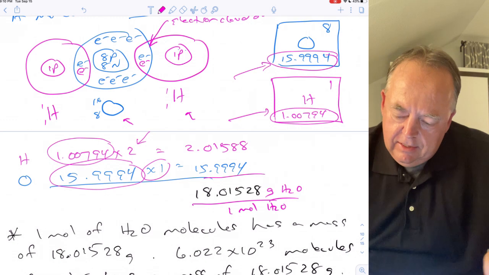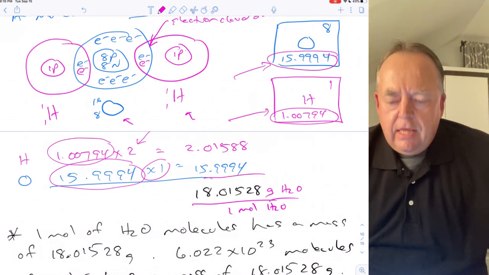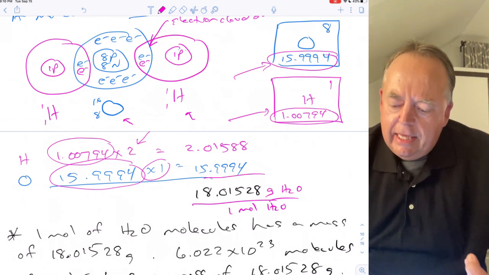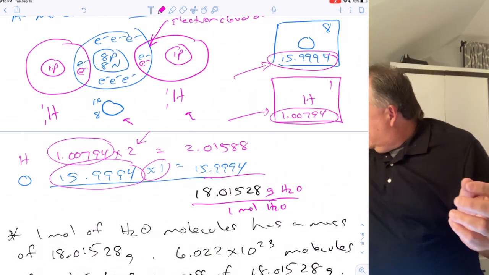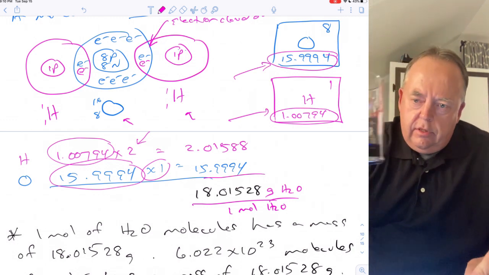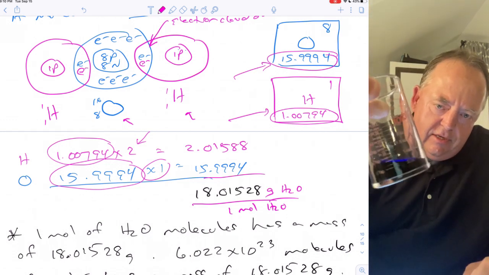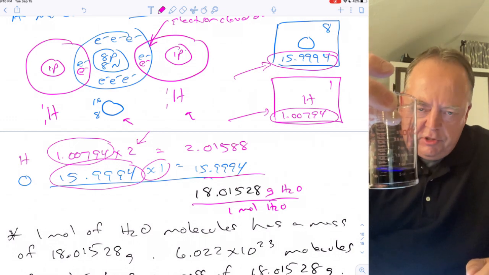Right? So 1 mole of water, how many molecules would that be? That would be 6.022 times 10 to the 23rd water molecules, right? It would have a mass of 18.01 grams. So what does that look like? So that would be 1 mole of water. I added 1 drop of food coloring to it just so that you could see it. So that's what 1 mole of water looks like. So that's 18.015 grams.